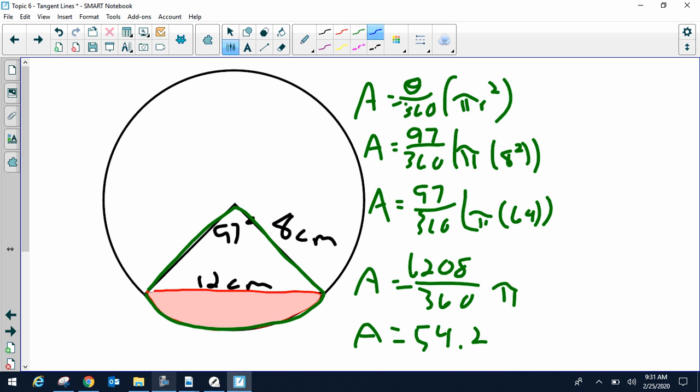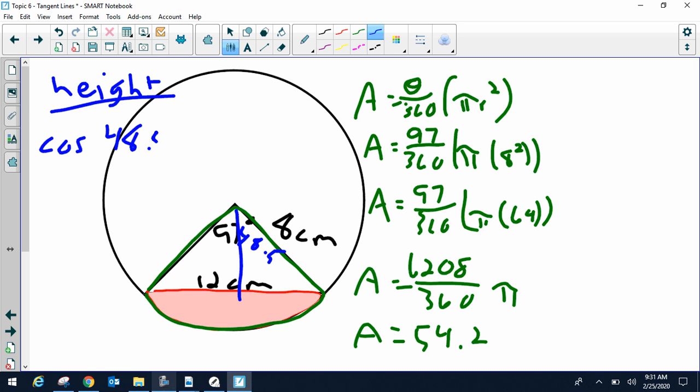Now, in this one, when I do the triangle, I already have a base, so I don't need to find the base. The only thing I need to find is the height. In order to find the height, we use the cosine, but we have to split that angle in half. 97 divided by 2 gives me an angle of 48.5. So the cosine of 48.5 is equal to the height over your radius, which is 8 in this case, multiplied by 8 on both sides.